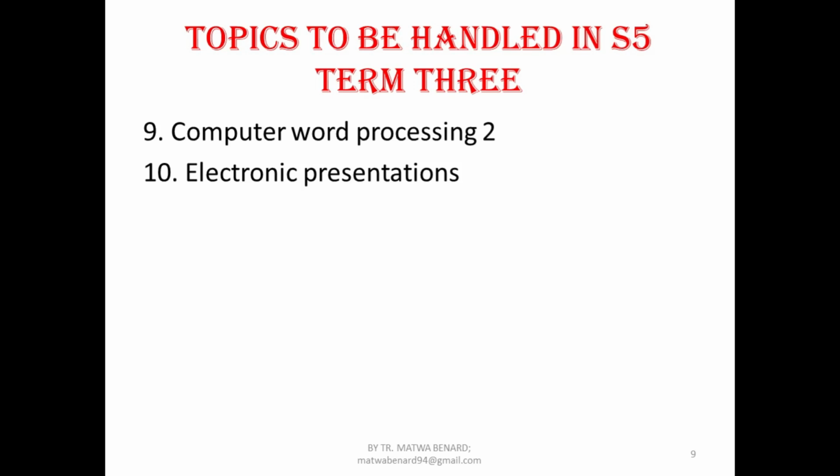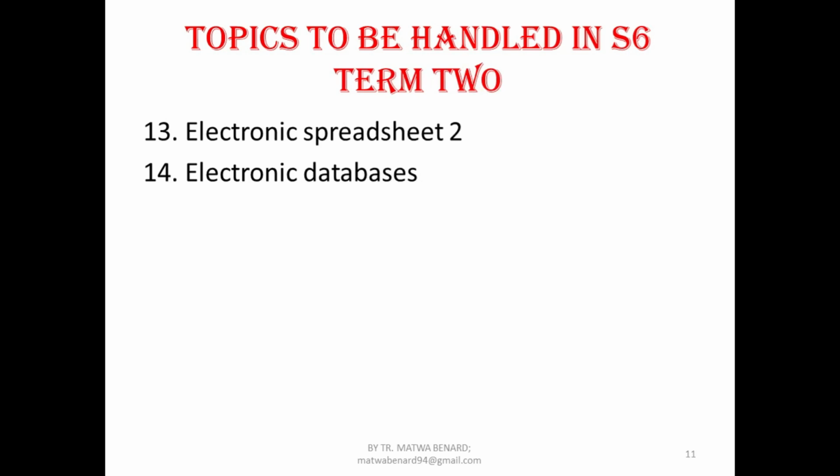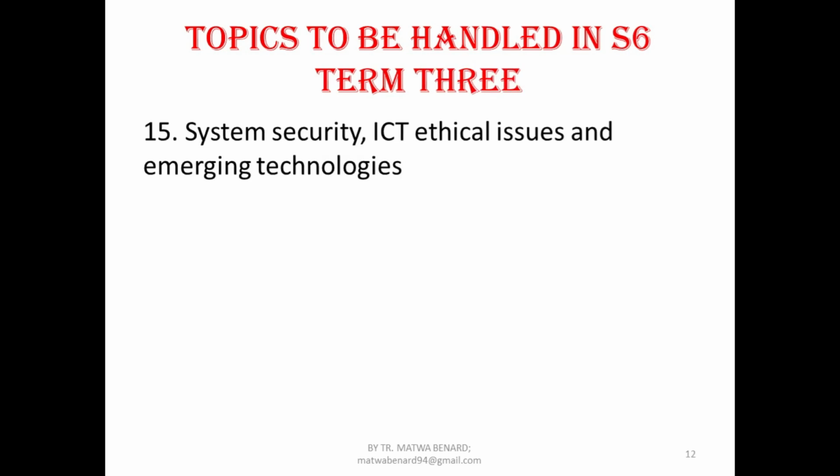Then from there, we go to senior 6. Senior 6 term 1, you're supposed to cover 2 topics, that is data communication and networking, and also electronic publication. Then in senior 6 term 2, you have 2 topics also, electronic spreadsheet 2 and electronic database.